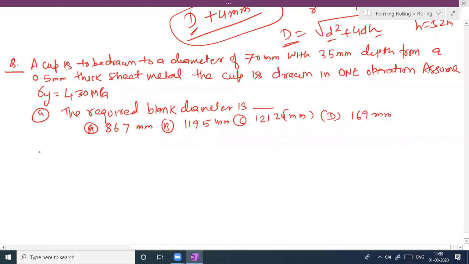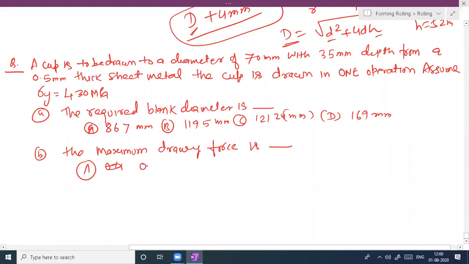Then part B: the maximum drawing force is: first 0.047 mega Newton.